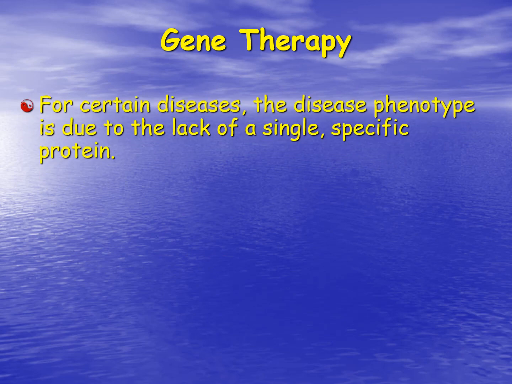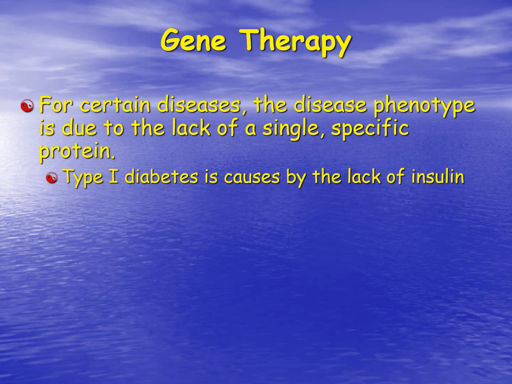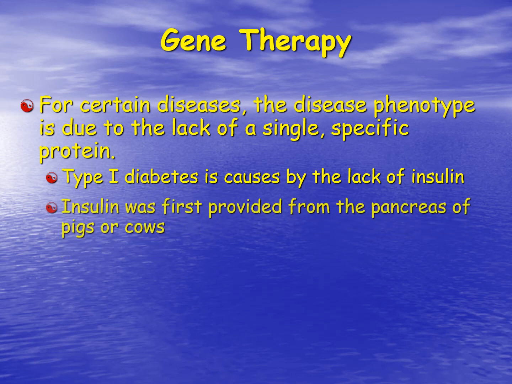So, one big advantage of genetic recombination is gene therapy. For certain diseases, the disease phenotype is due to the lack of a single specific gene and protein product. For example, type 1 diabetes is caused by the lack of insulin because the individual does not have the gene to produce the insulin.